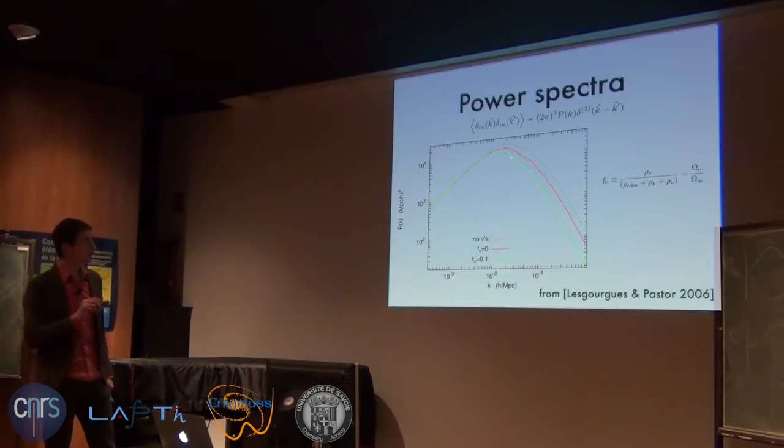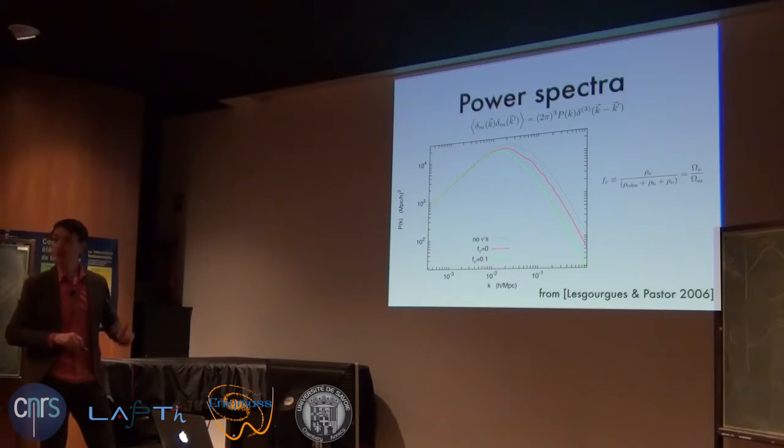Significant in the sense that they represent 1/10 of the matter content of the universe. So you replace 1/10 of the dark matter and baryons with neutrinos. That's f_nu equal to 0.1. Here's the green line. So that's the legend.